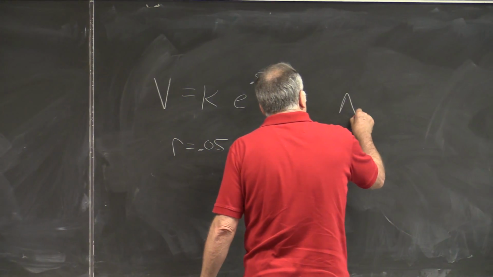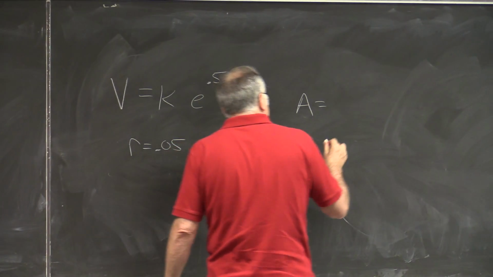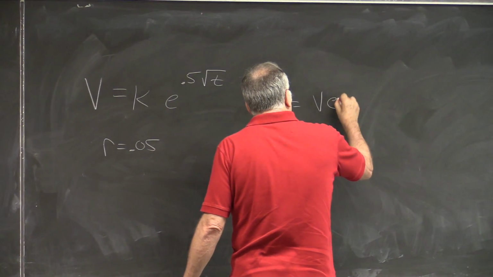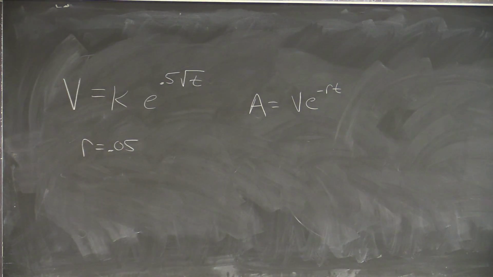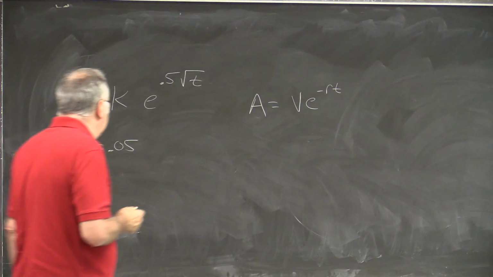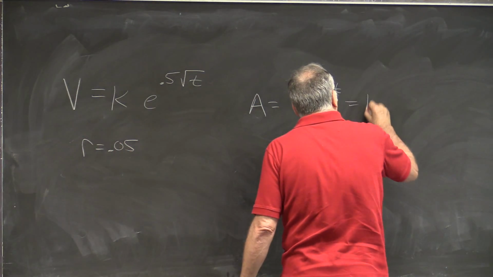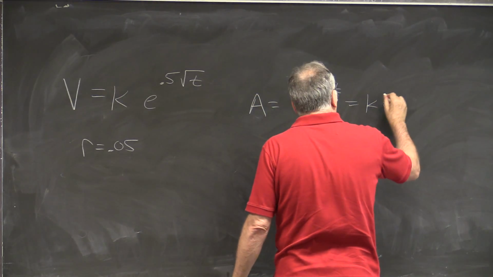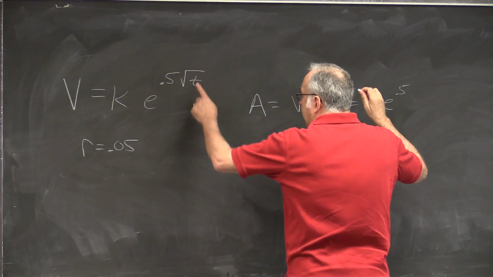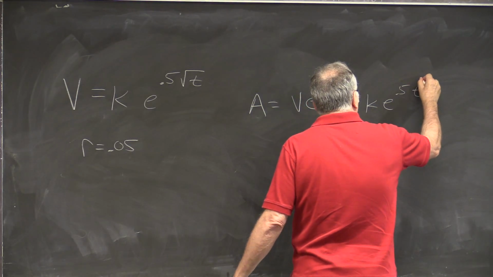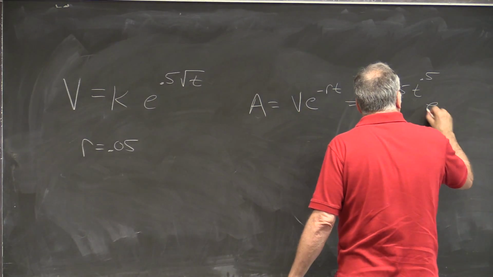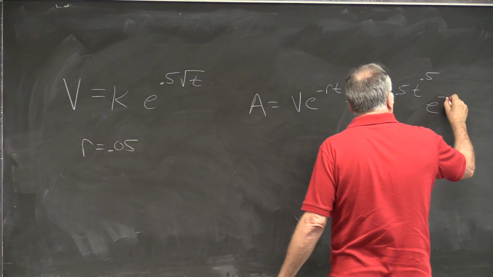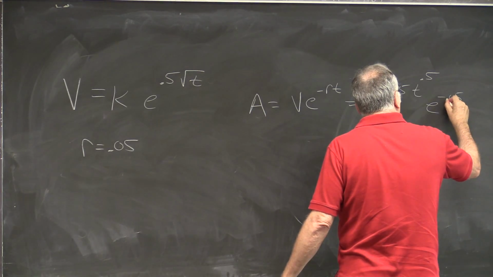The present value of the trees is given by A. That's just the future value times e to the minus rt. Then just substituting in, notice what we get for A. A is equal to K times e to the 0.5, the square root of t, which is t to the 0.5 power, times e to the minus 0.05 t.